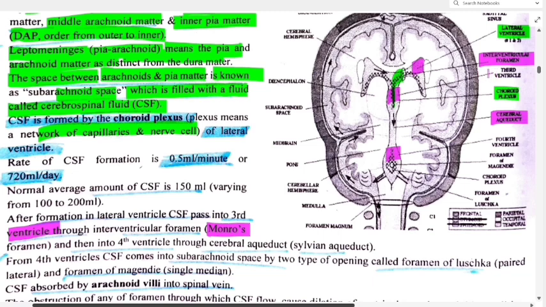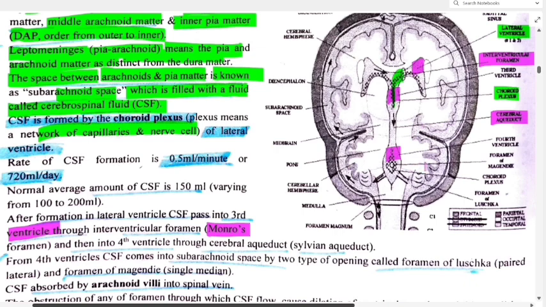So first one was Monro's foramen or intraventricular foramen. By this foramen, it was passing from lateral ventricle to third ventricle, and by Sylvian aqueduct or cerebral aqueduct, it is coming from third ventricle to fourth ventricle.